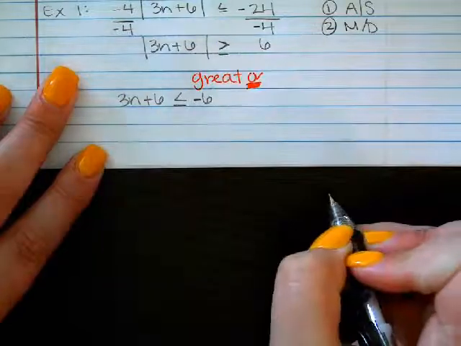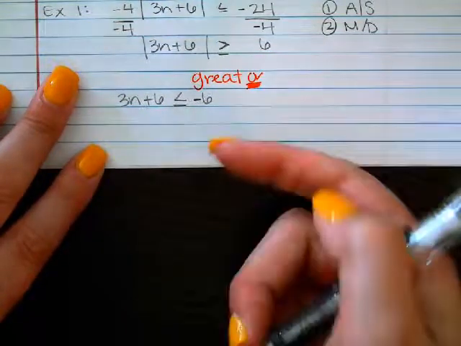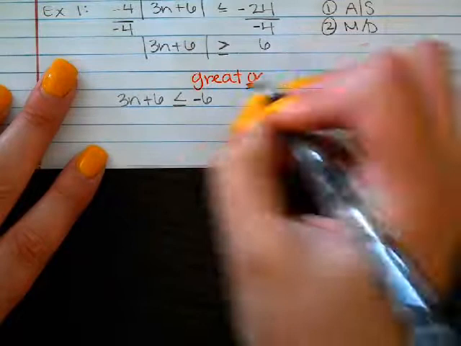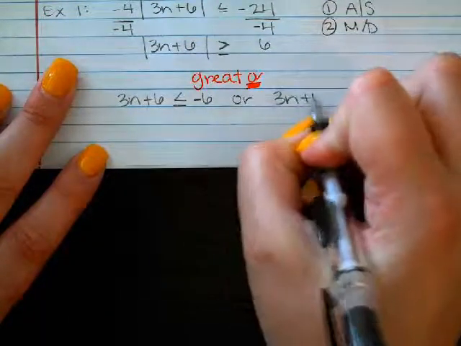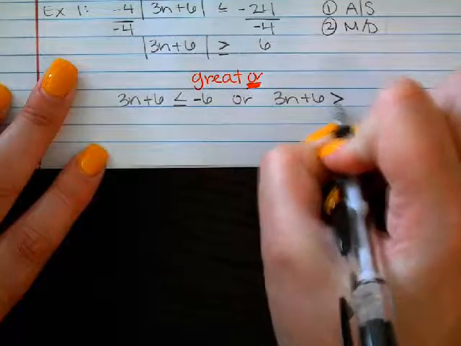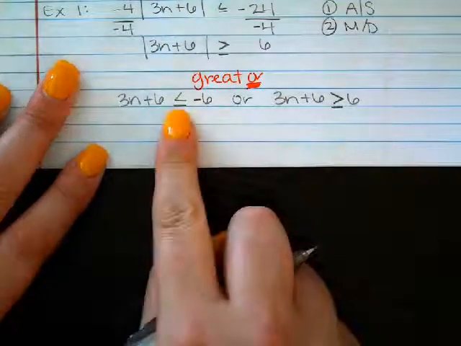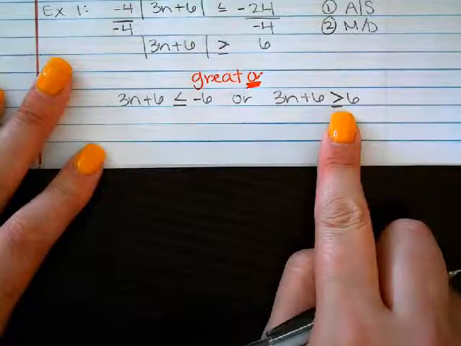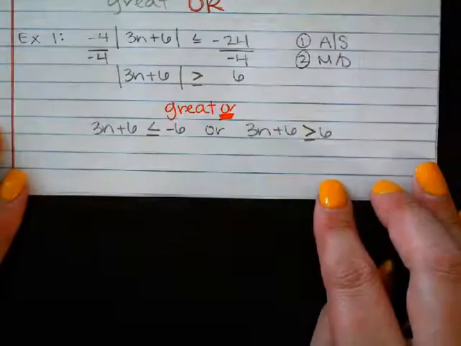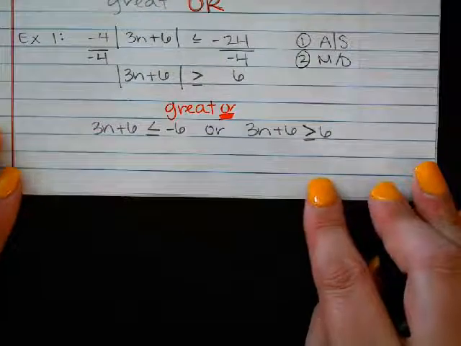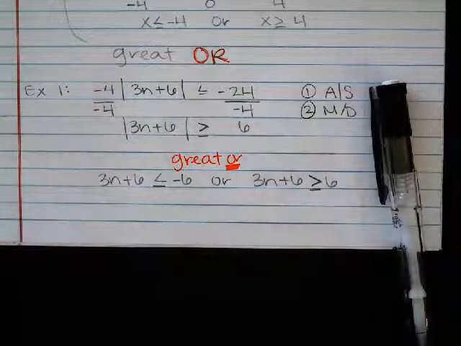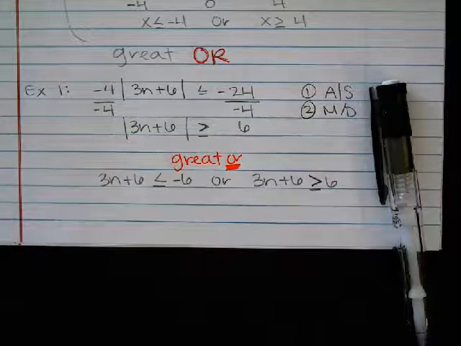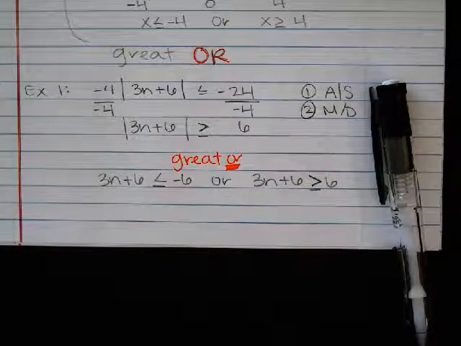Okay, so we're going to have one version going towards the left, and then we got one version going towards the right. 3n plus 6 is greater than or equal to +6. So see that? Left version, right version. We got the versions going opposite directions. Everyone see that? Greater or: left or right, opposite directions. Does that make sense? Okay.